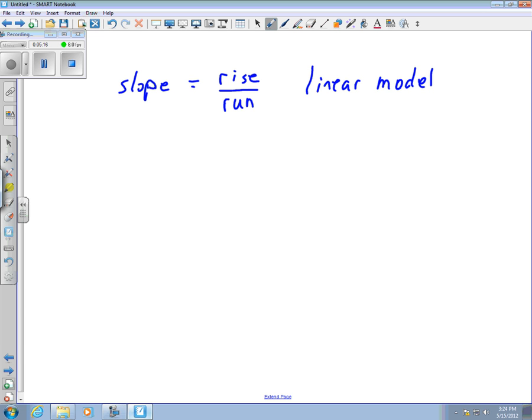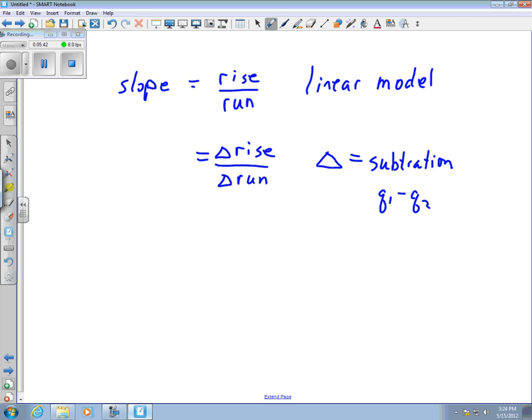The reality is it equals change in rise over change in run, where the triangle, the little delta there, is a subtraction problem. So if it was, say, change in Q, Q1 minus Q2, something along those orders. So it's a very simple subtraction problem.